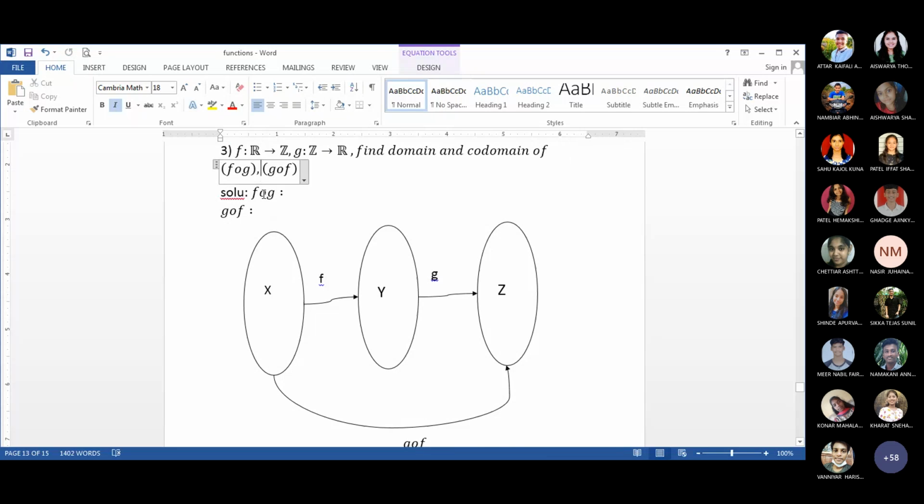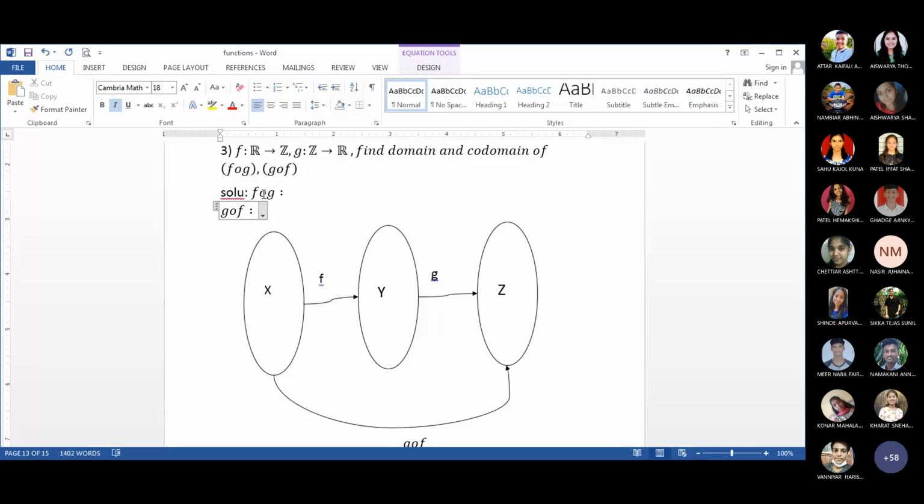g is a function from Z to R. f is a function from R to Z. So g composed with f will be a function from which set to which set? Domain is R and the codomain is R for g of f. g composed with f.